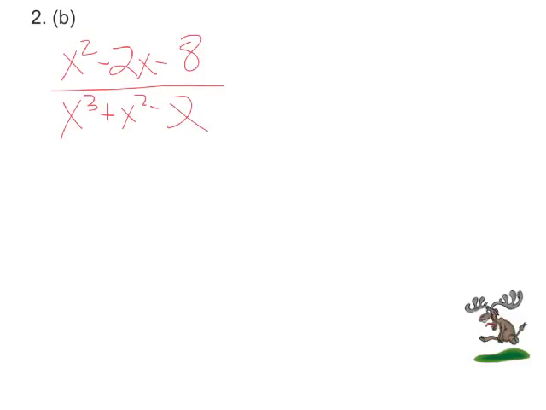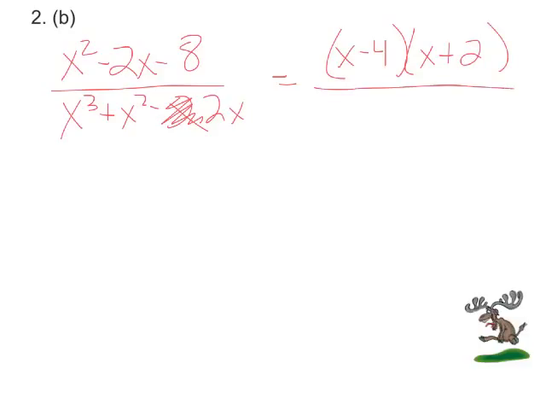Alright, 2b is pretty similar in the fact that it's a rational function, which is a polynomial divided by a polynomial. So we can take this numerator divided by the denominator, and we can try to start factoring it. Minus 2x. Okay, the numerator, let's see, factors into x minus 4 times x plus 2.